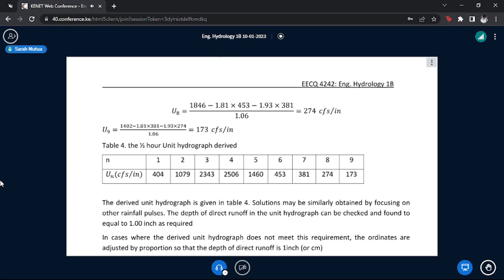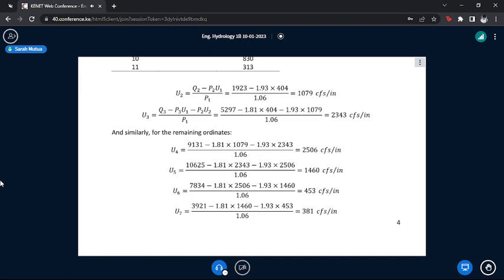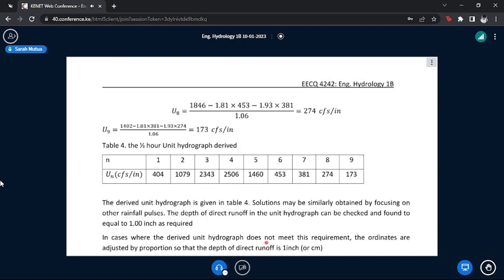Yes, so when you follow the example, you will derive the unit hydrograph. And this is the convolution approach. Once you have a unit hydrograph, as I explained last time, and you have excess rainfall, you can apply the convolution to derive the discharge.